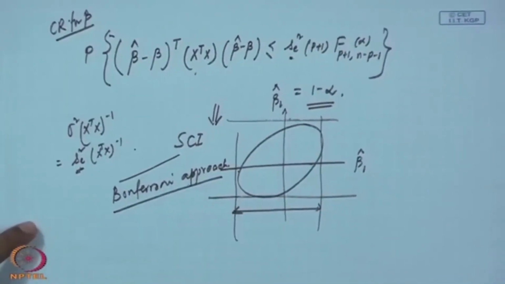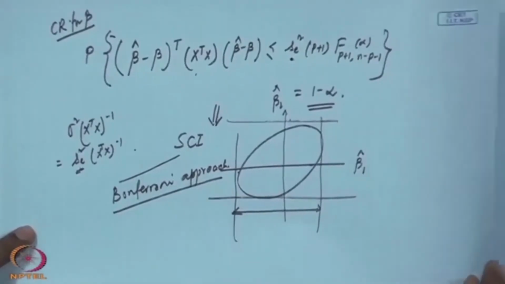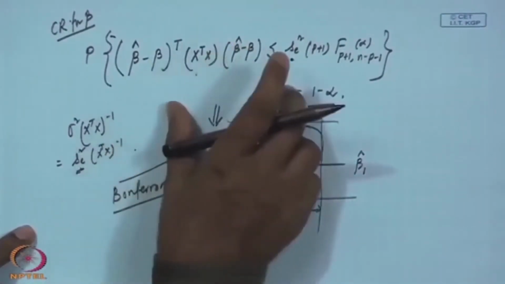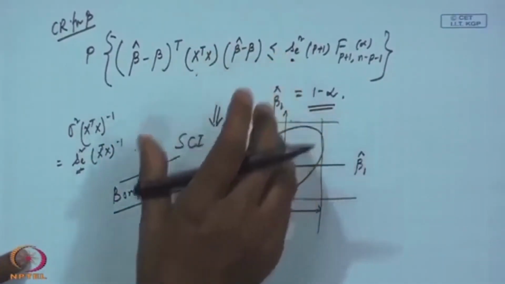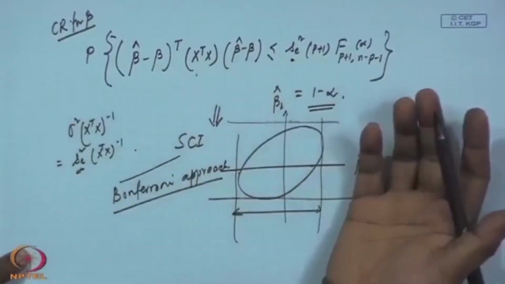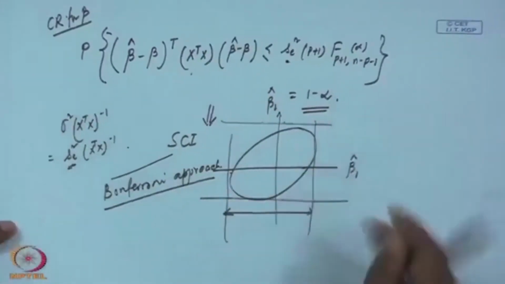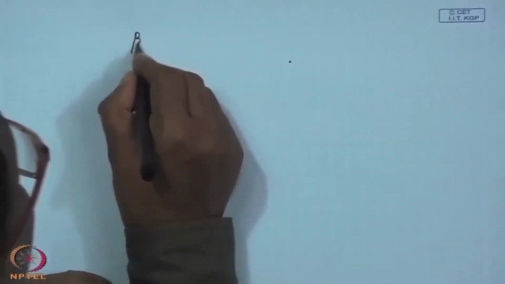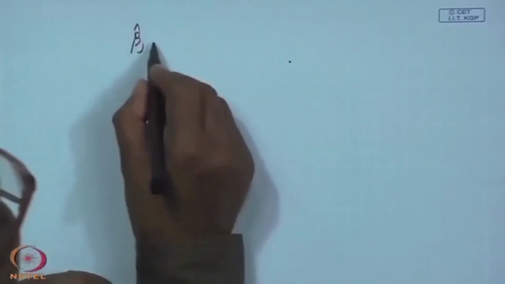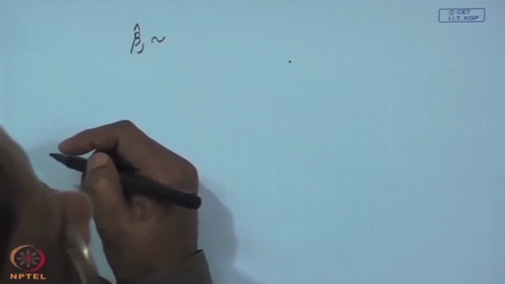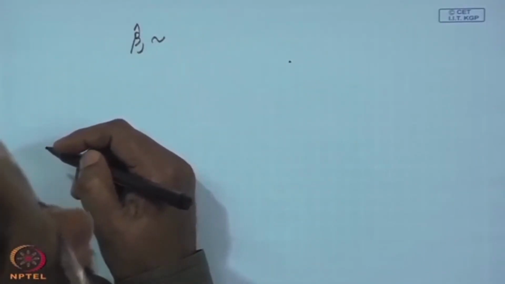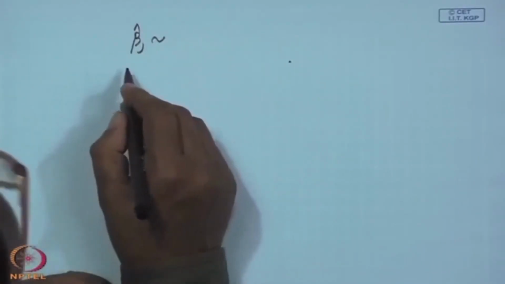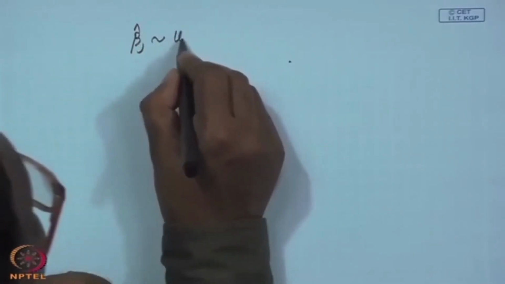In regression, when you test individual parameters, interestingly, if I go for beta j cap instead of beta cap, what will be the distribution of this? This will be univariate normal, one variable.